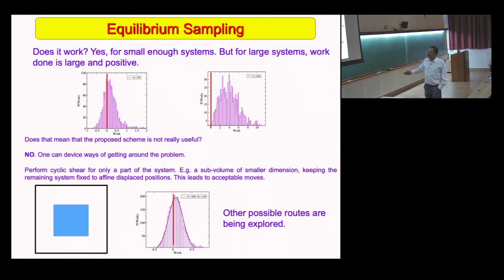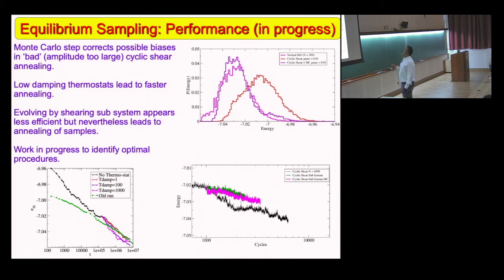Basically, the one trick that I've figured out which works is to not shear the entire volume, but to pick a random subset, a subvolume like indicated here, and then the work done does fluctuate around 0, and you can have reasonable acceptance ratios. And now, so this is sort of a very quick picture of some of the recent results. This is ongoing work.